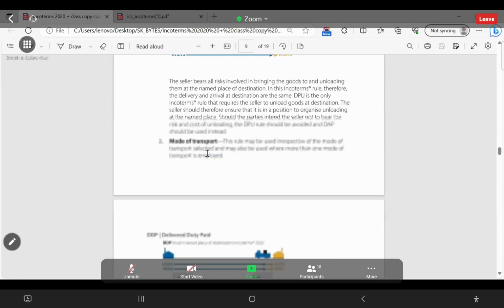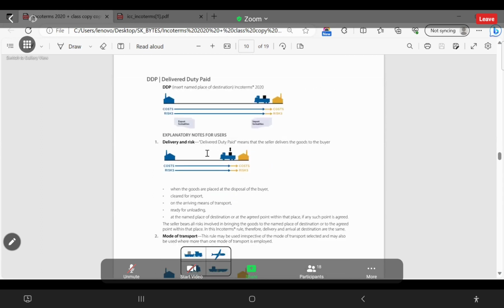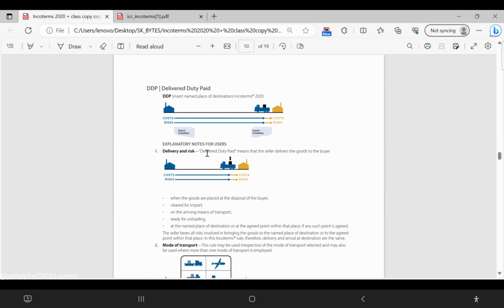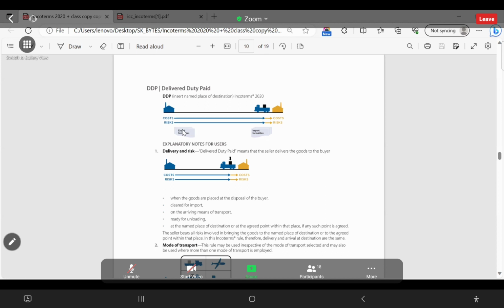Okay. Now, DDP. If you notice here, again, it is not unloaded, similar to DAP, right? The only difference you can note is that DDP means Delivered Duty Paid, and again, insert named place of destination. It is the same for all D terms.